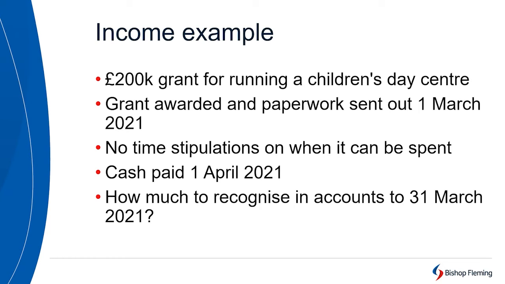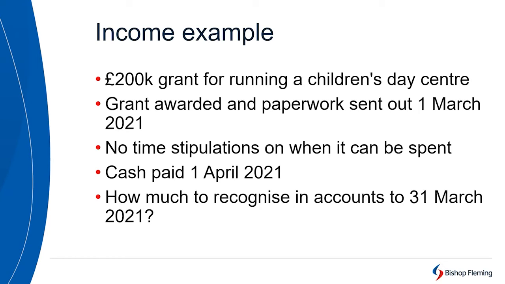So how much income would be recognised in the 31st of March year-end accounts? Well, if we work down the criteria, first entitlement. Are we entitled to that money, and when are we entitled to that money? We're entitled to that money when the grant has been awarded, effectively. They haven't put any stipulations saying we can't spend it straight away. So we're entitled to it from the 1st of March.